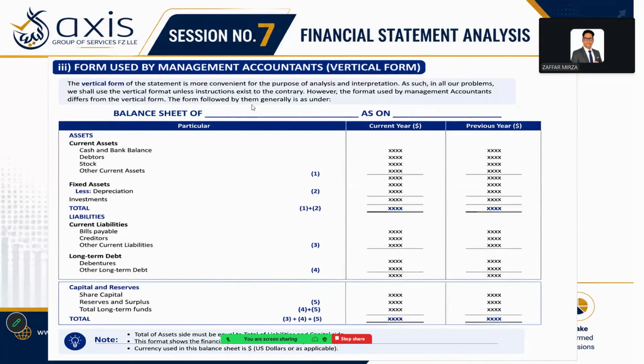The form followed by them is generally as under. Balance sheet: current assets, fixed assets, investments, total assets. Liabilities: current liabilities, long-term liabilities, capital and reserves, total liabilities. Current year end, the previous year. This is the format which we are using here also, right? In our day-to-day life.